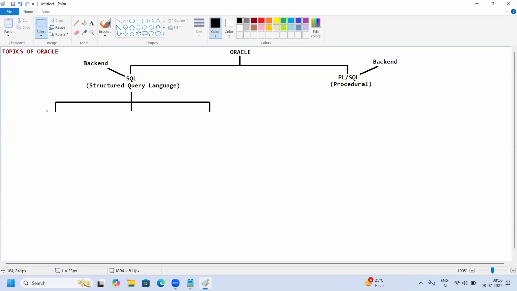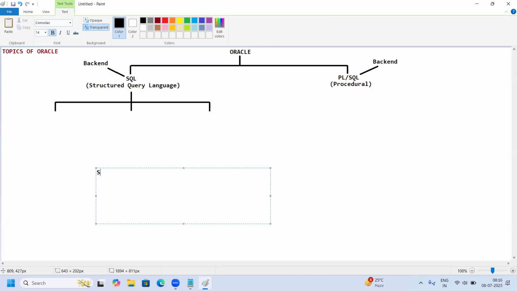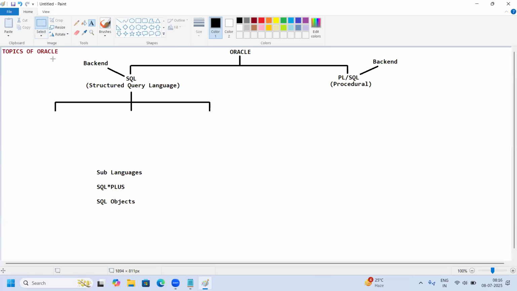The first part is called sub-languages. Second is SQL Star Plus. And third is SQL objects. This is one module of SQL, SQL Star Plus is an extension of this SQL part, and third is SQL objects. Total 3 parts are there.